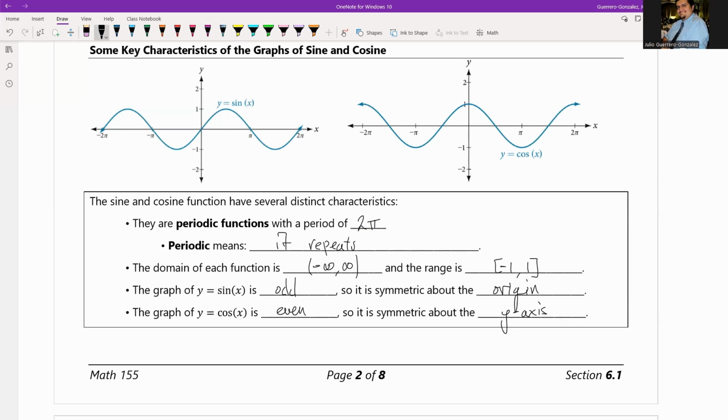If you remember what that means, let's actually start with cosine first. I can rotate it along the y-axis like this, and I get the same graph. That's what it meant to be even. For odd functions, it is symmetric about the origin.